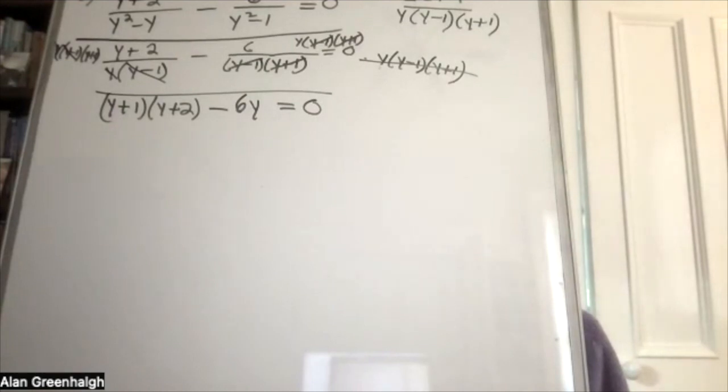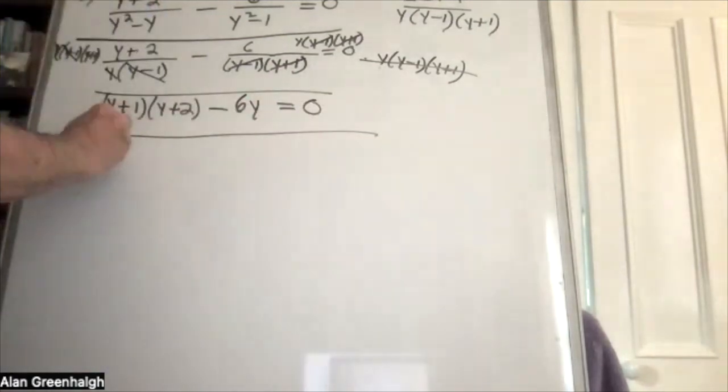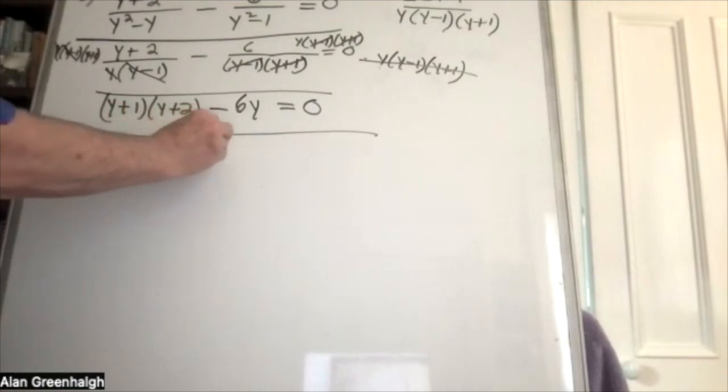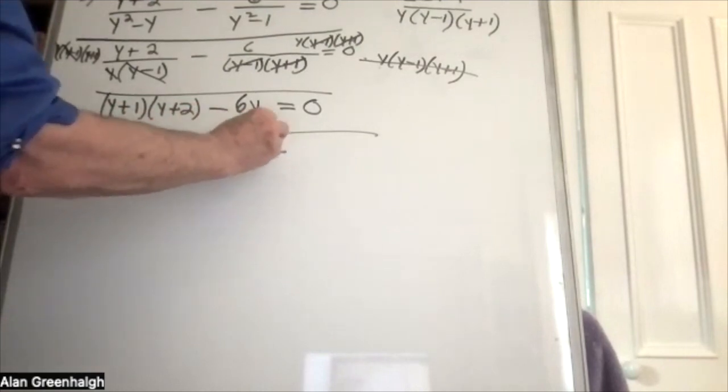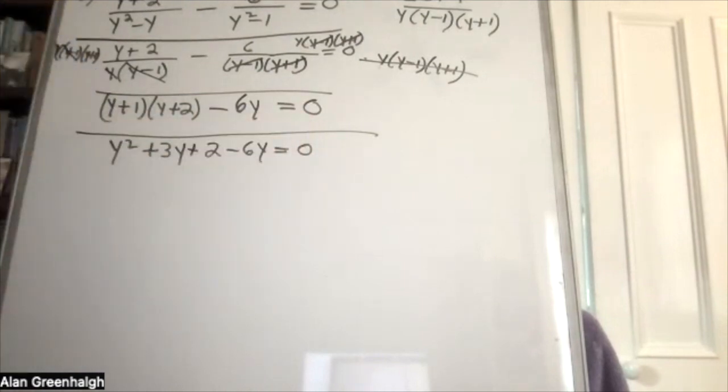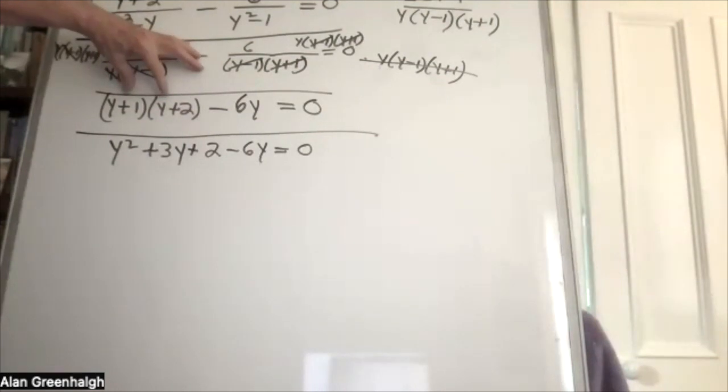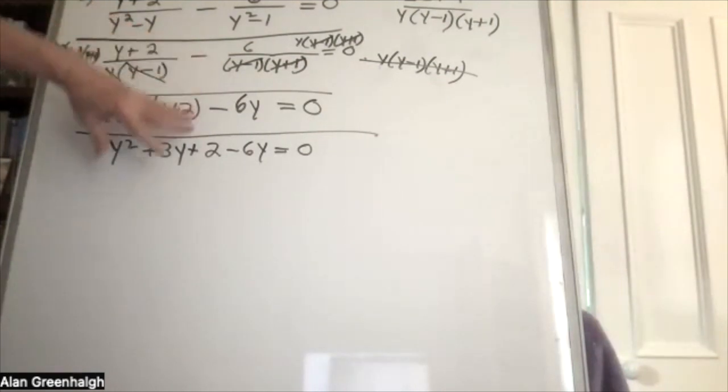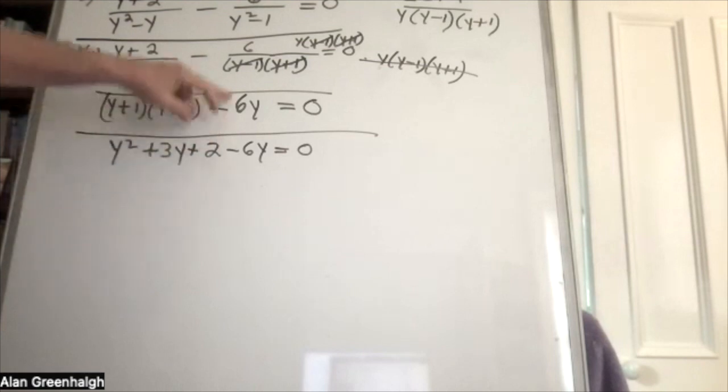So that process did a lot to simplify what we have up here. This will now become y squared plus 3y plus 2 minus 6y equals 0. I multiplied the two binomials, I got this, and I kept that negative 6y.